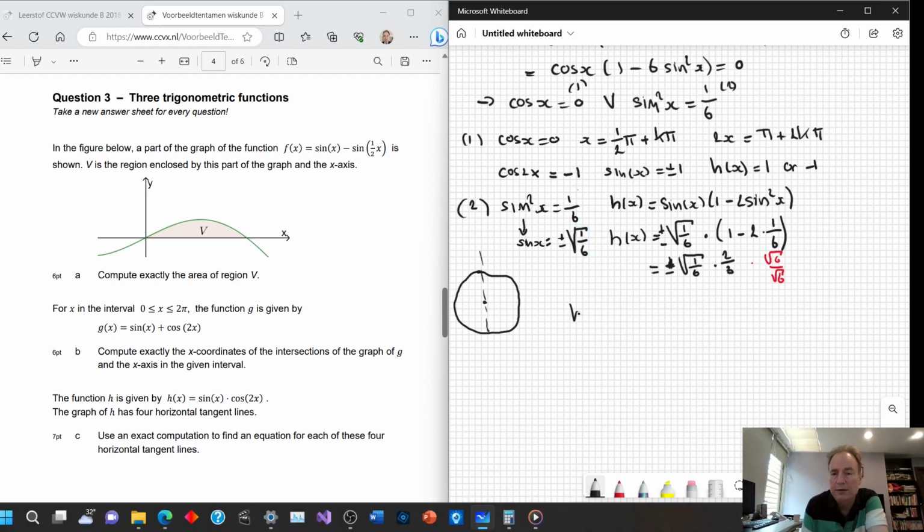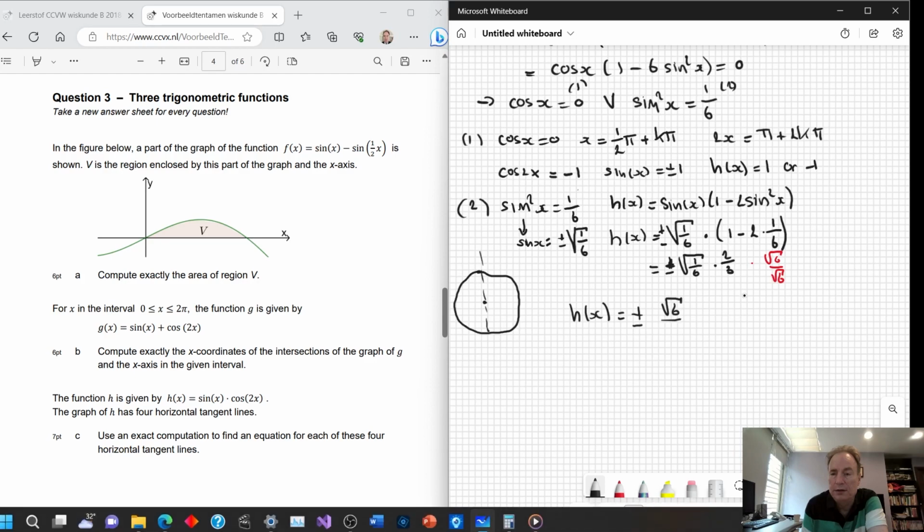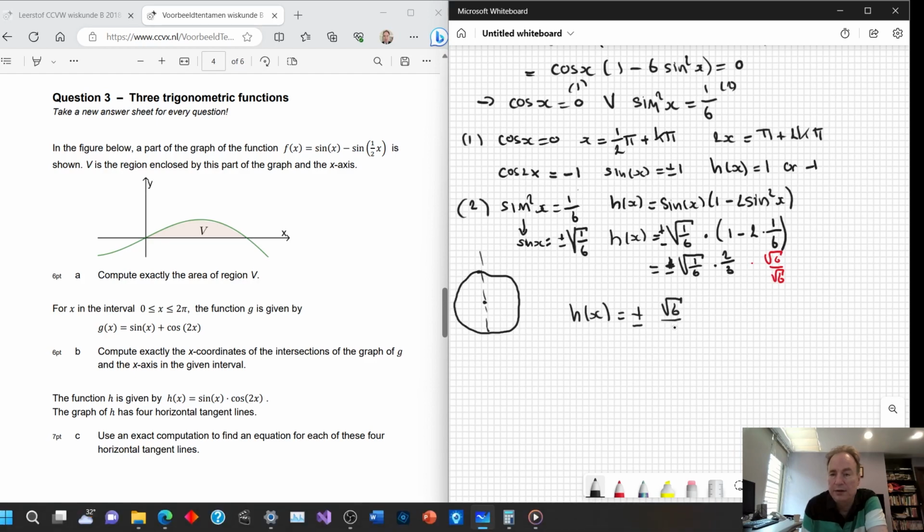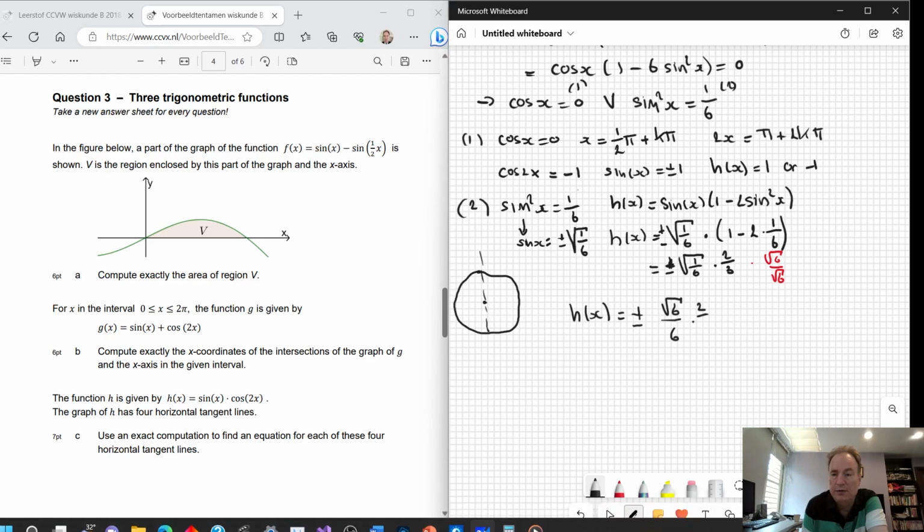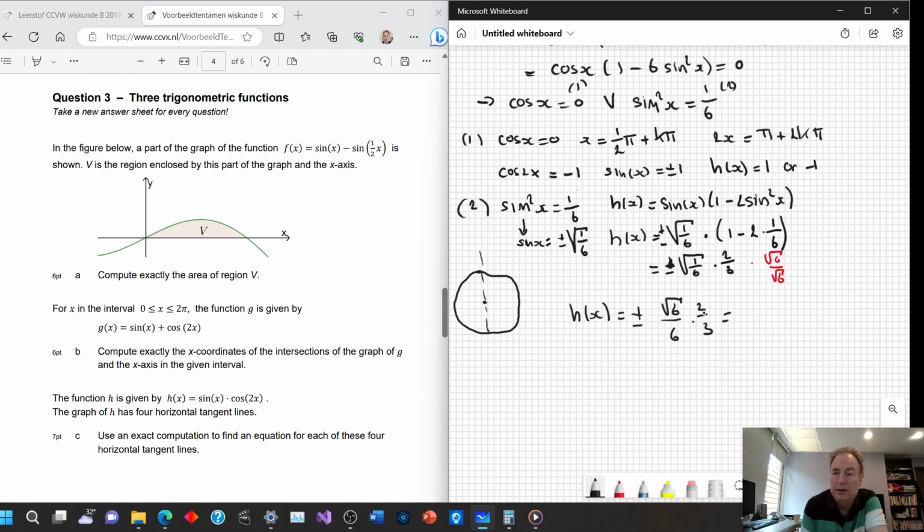So that means hx is plus or minus the square root of 6 times 2 over 3. And 2 divided by 18 is 1 over 9. So 1 over 9 times the square root of 6.